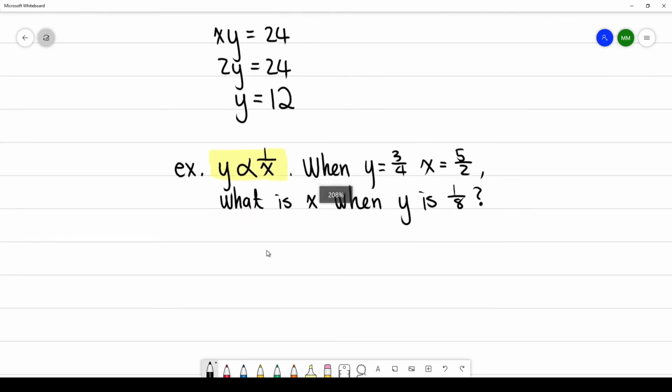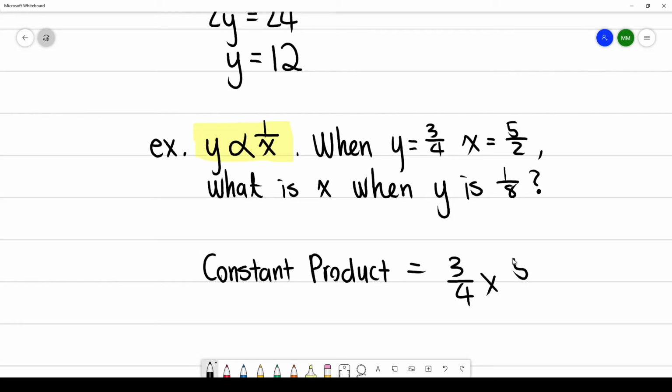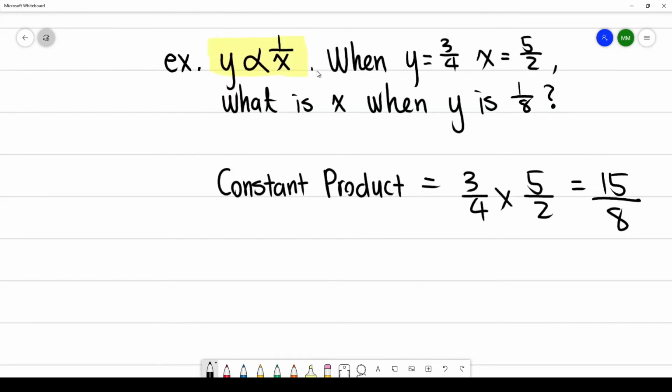So first you find the constant product. The constant product is 3 over 4 times 5 over 2. It's fractions, but you can still multiply them. It's equal to 15 over 8. They are inversely proportional, right? So y times x is exactly the same as x times y. So y is inversely proportional to x is the same thing as saying that x is inversely proportional to y.